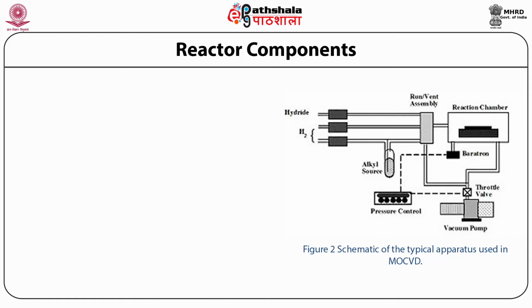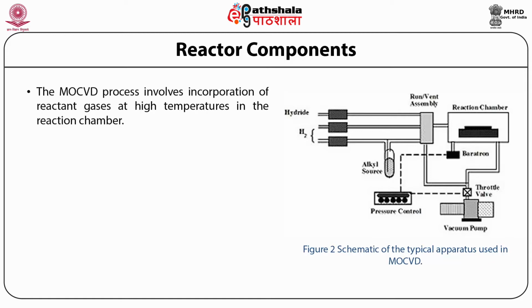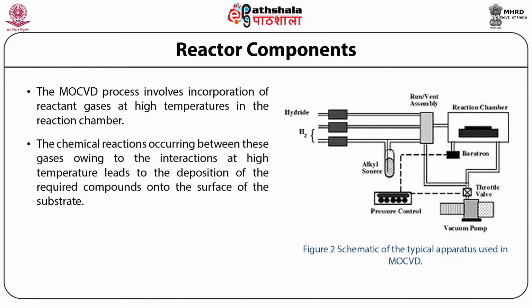Reactor components. The MOCVD process involves incorporation of reactant gases at high temperature in the reaction chamber. The reaction occurs between these gases owing to the interaction at high temperature, leading to the deposition of the required components on the surface of the substrate.